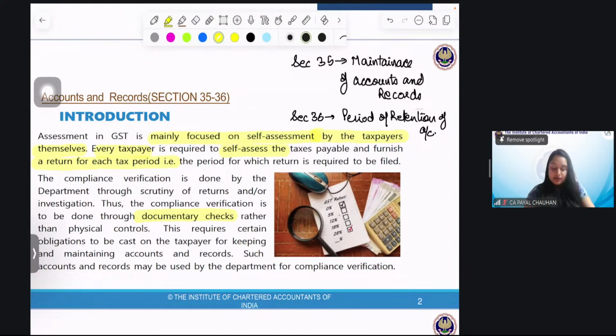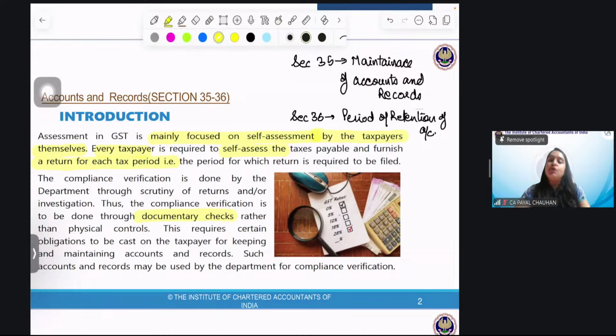This requires certain obligations to be cast on the taxpayer for keeping and maintaining accounts and records. Now tell me one thing, when the department is doing documentary control, that means in order for the documents to be checked by the department, you need to maintain certain documents and accounts. Did you understand?